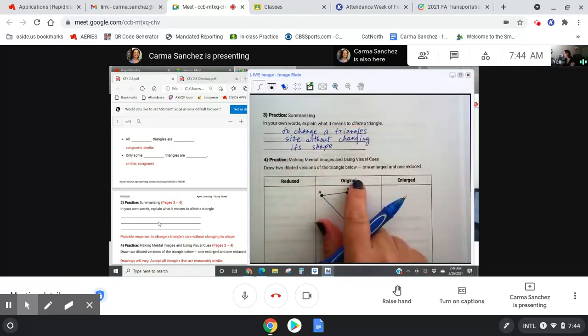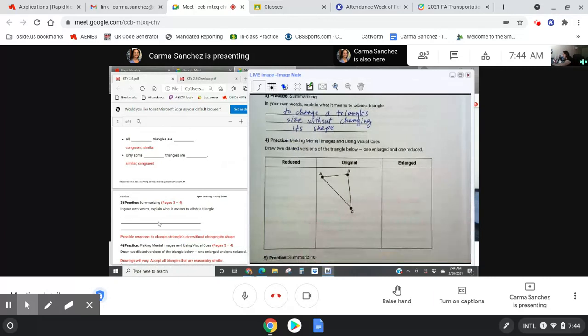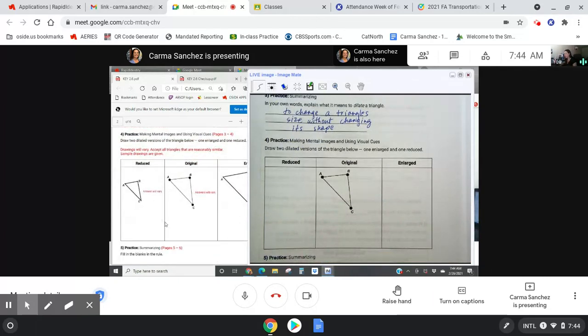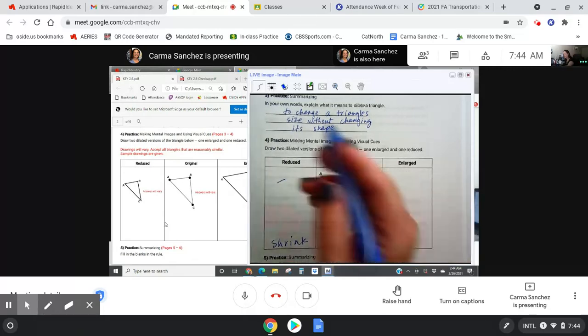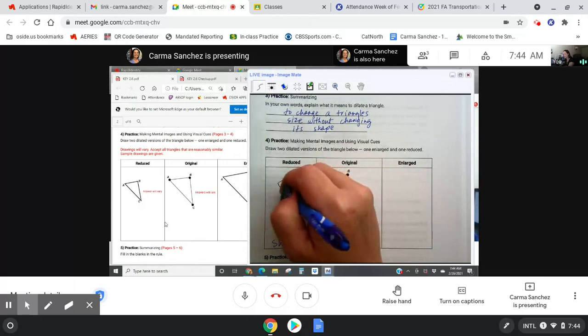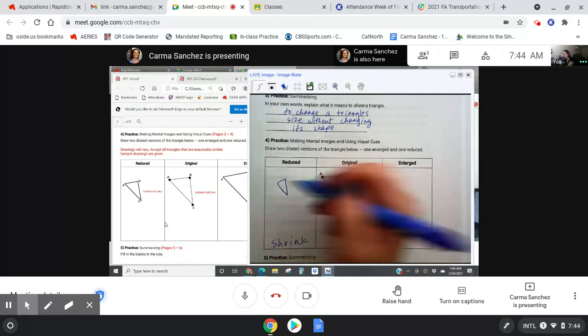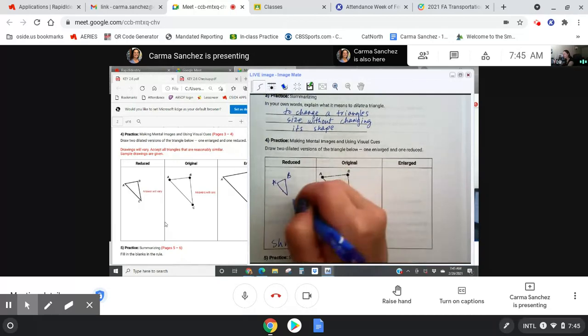Okay, let's make a mental image of this. So here is my original triangle. Can you imagine if we shrunk it? Taking this AB and just making it smaller. Taking this AC and making it smaller. It's like making a little tiny baby version of the original.